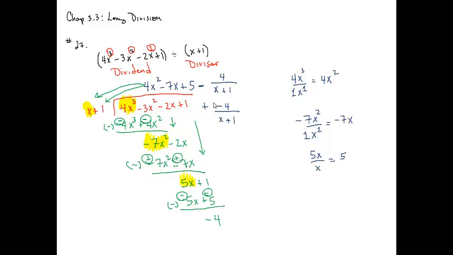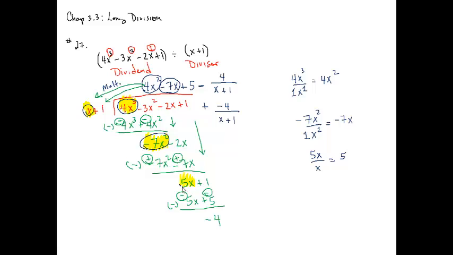Okay, so remember the takeaway here is you're basically playing a repeat game. And the game starts off by saying take the first terms and divide them. Okay, that becomes a result inside your quotient, and then you multiply. Multiply to get your new first term, and you do the same thing over and over.